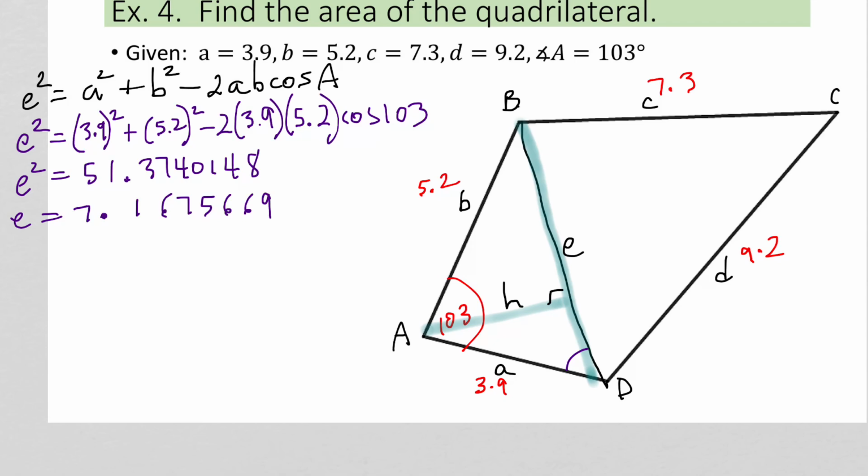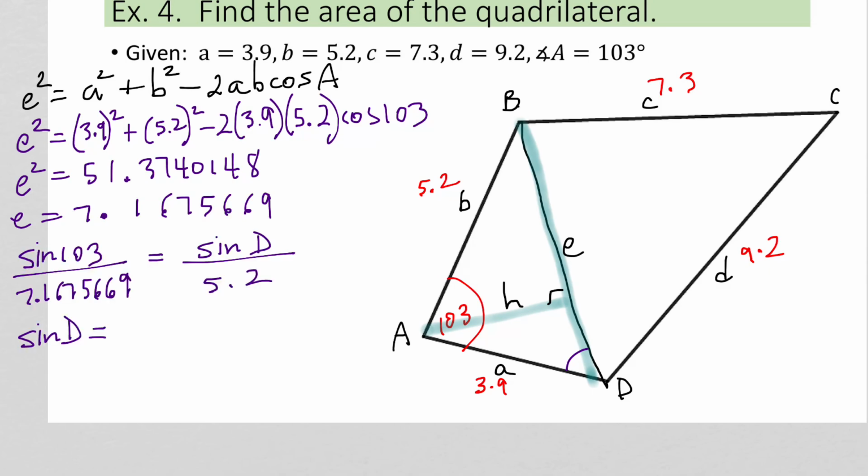So if I set up my law of sines to find this angle D here, I have a pair here. Sine of 103 over E is equal to the sine of the angle D over 5.2. That'll allow me to calculate D. So I've set up my law of sines to find this angle, which I'm calling D right here.